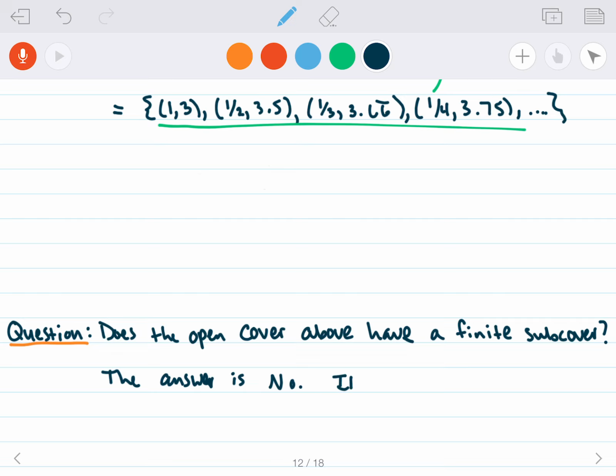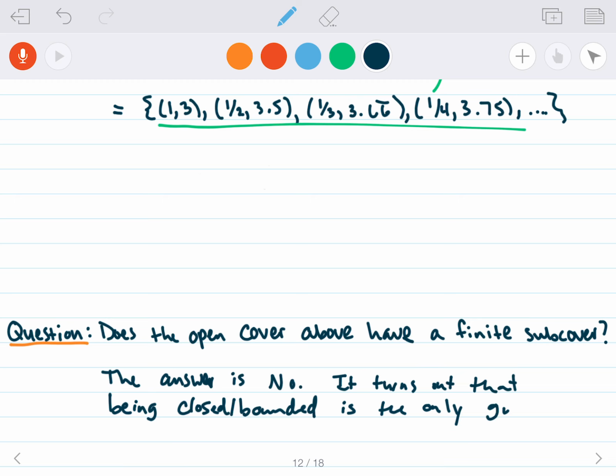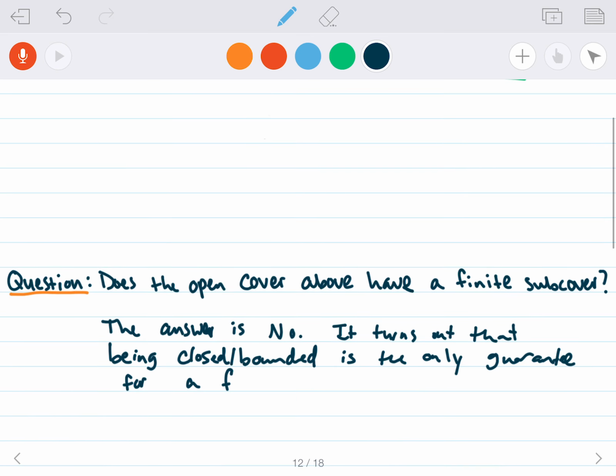And it turns out that being closed and bounded is the only guarantee for a finite subcover. Actually, I'm going to write it differently, like I have in my notes.